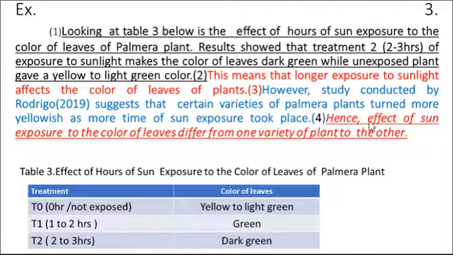Then number 4, hence effect of sun exposure to control the color of leaves differ from one variety of plant to the other. So ito namang number 4, this one is the implication, no? Positive implication of the study. Okay, so these are examples of how you are going to interpret your data.